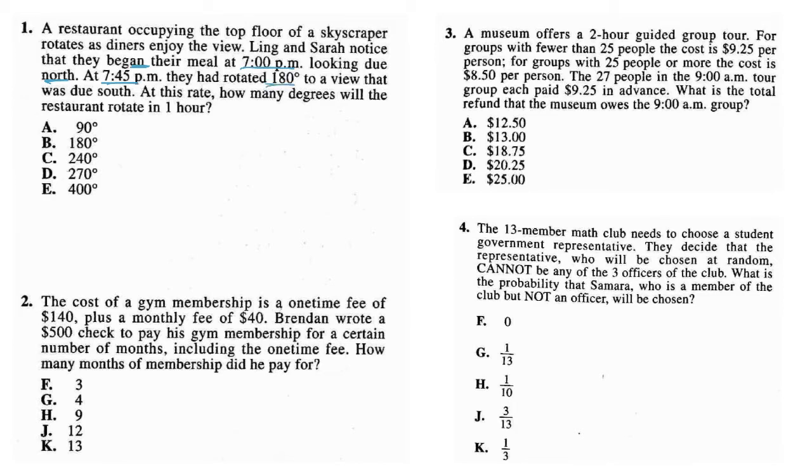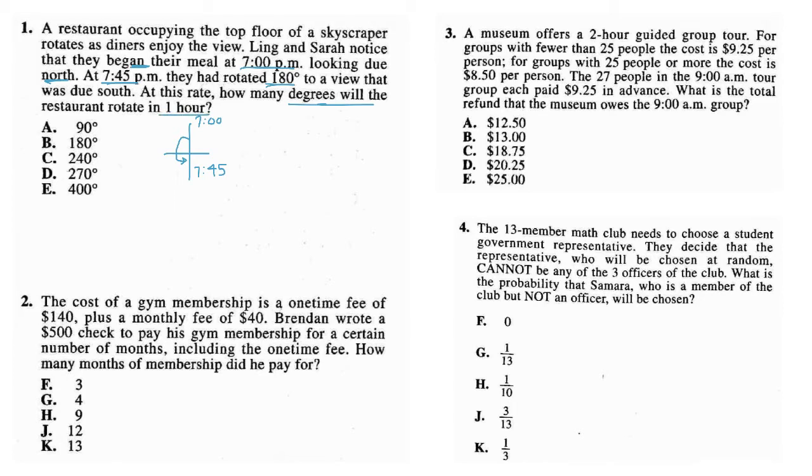So what we have here, we can say due north, we were at 7 o'clock, but then we rotated 180 degrees in the length of time of 45 minutes. Now this wants us to find out how many degrees will the restaurant rotate in 1 hour.